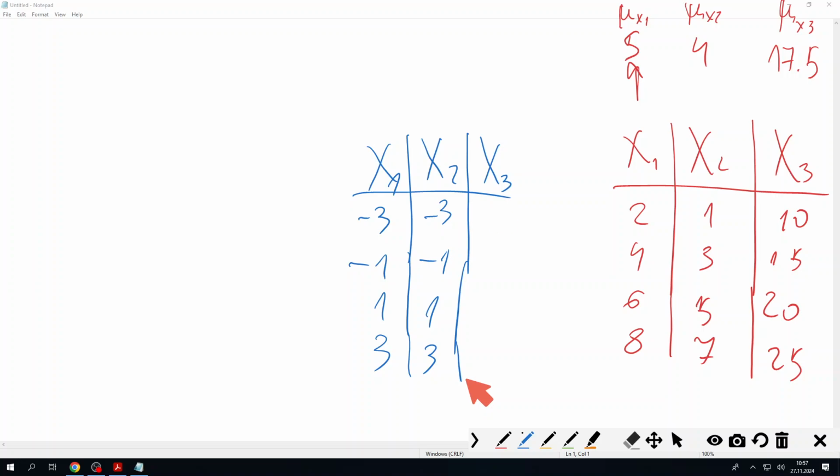And here it is going to be minus 7.5, minus 2.5, plus 2.5, and 7.5 here. Okay, so now we have removed the mean from each column.